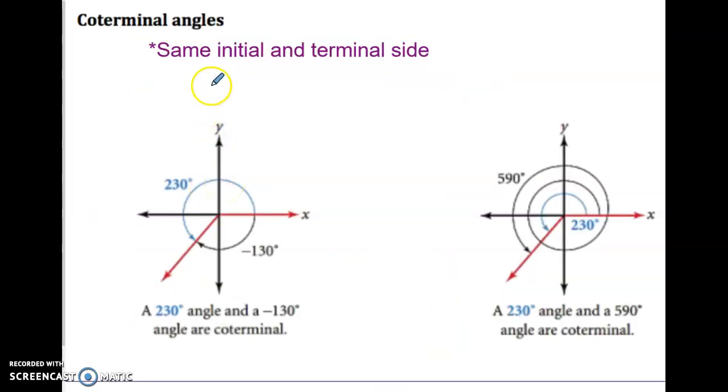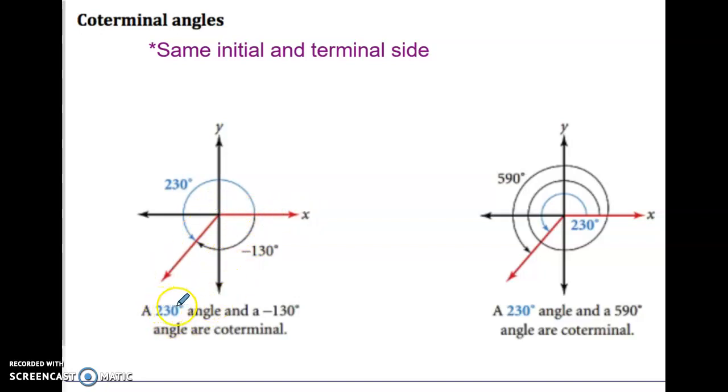Coterminal angles have the same initial and terminal side. If we have this angle that starts at the positive x and goes counterclockwise, so it's positive 230 degrees, and we also have this angle that starts at the positive x and goes clockwise, negative 130, they basically build the same angle.